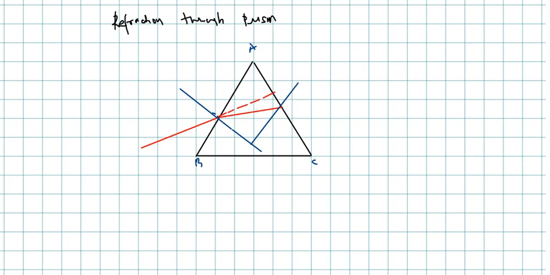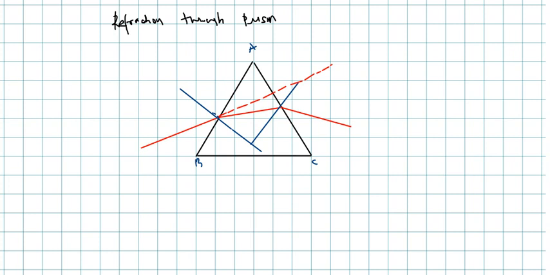This should have been the original path of the incident ray, but due to the presence of the prism, the ray undergoes refraction at two surfaces AB and AC, and finally it emerges out at, let us say, this angle, somewhere like this. Clear?